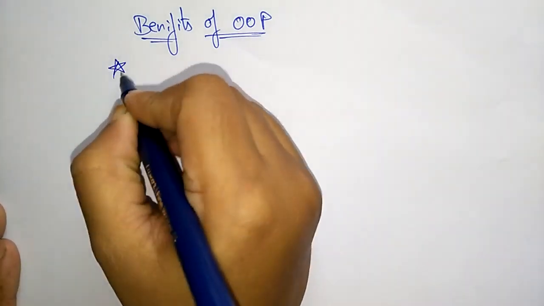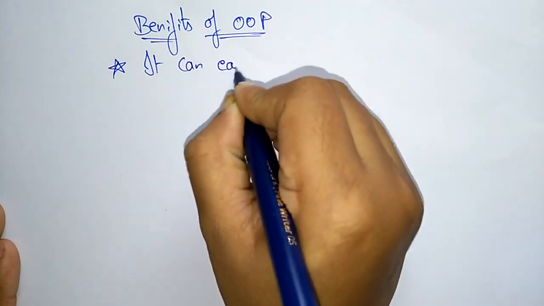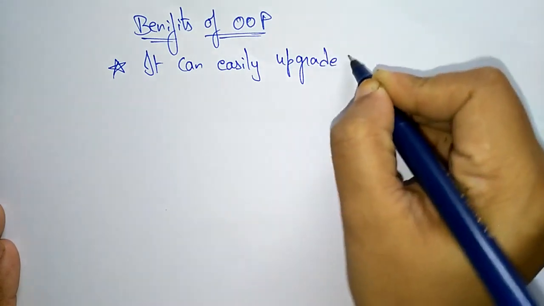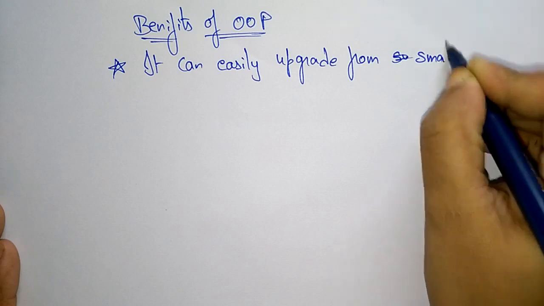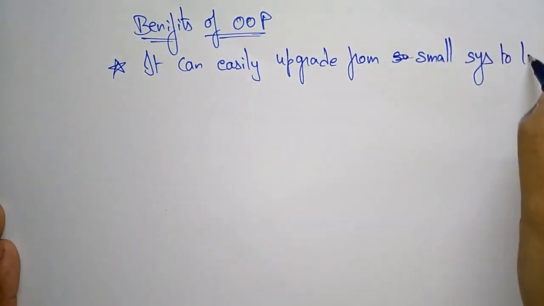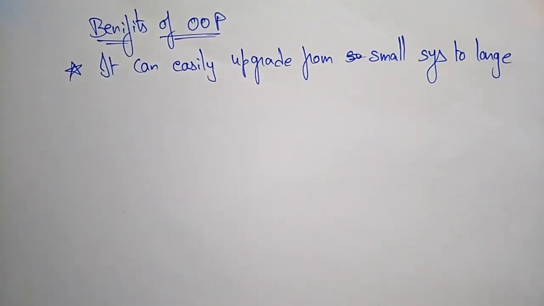The first benefit is that it can easily upgrade from small systems to larger systems. If your code is a small system, you can upgrade it to a large system. That facility is provided in object oriented programming.